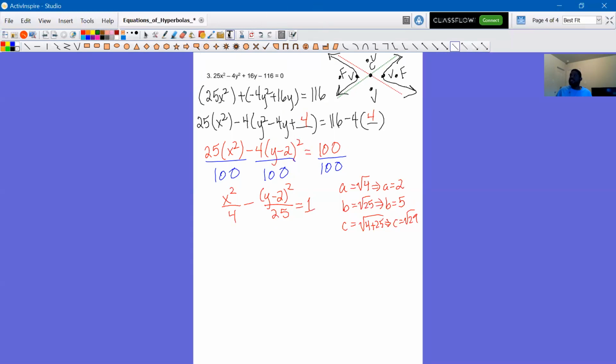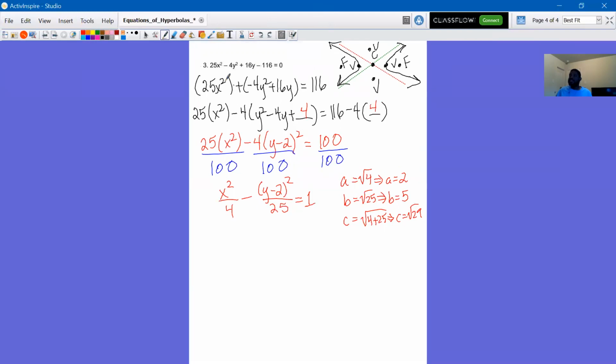And so now we're ready to describe the hyperbola. So we have a hyperbola with center 0, 2.